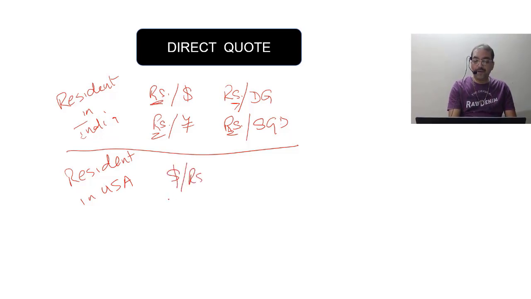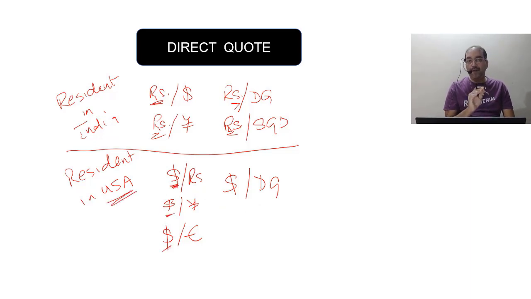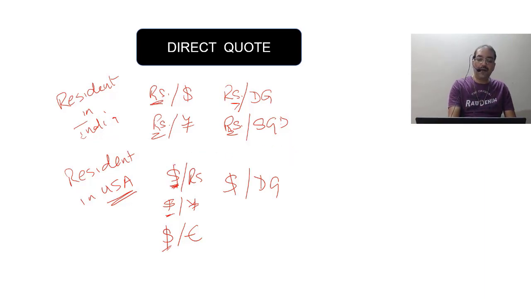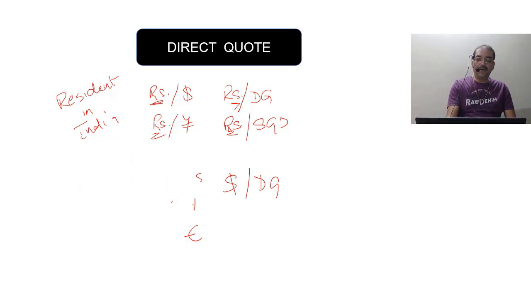Dollar to rupees, dollar to yen, dollar to euro, dollar to DG, because for him home currency is dollar, resident of US. So that is why I'm saying it is domestic currency versus foreign currency is direct quote. So domestic currency, whichever country you are belonging to, that domestic currency will come first. Okay, and then the right hand side will be your foreign currency, any other currency. Left hand side is your home currency or domestic currency. Right hand side will be your foreign currency.